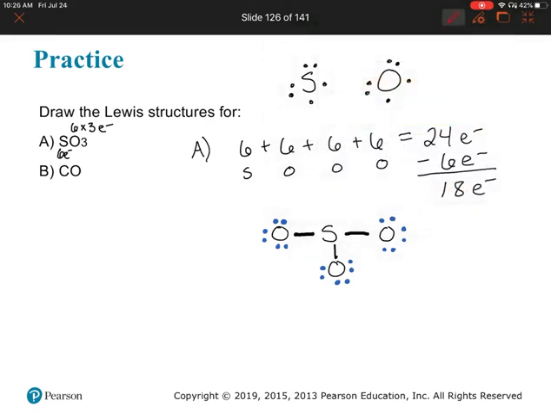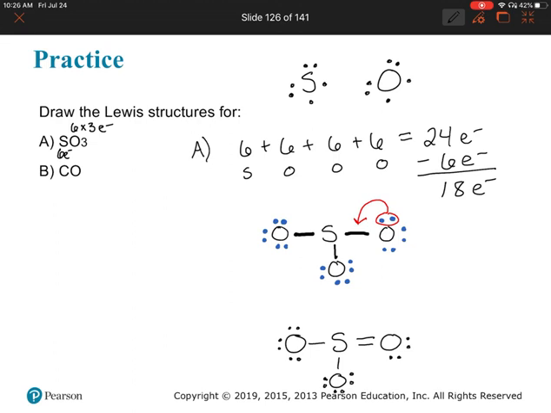I'm going to arbitrarily move a lone pair of electrons from the oxygen on the right over, and I'm going to make a double bond. Actually, let me be consistent. I'll put those electrons on the bottom.